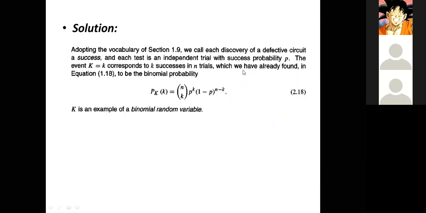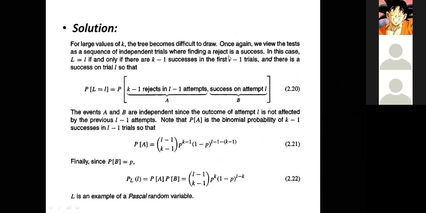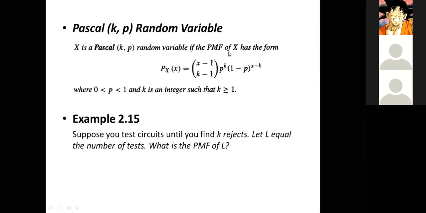Now, look at this. This is the same thing. What I'm telling you: test circuits until you find K rejects. This is the same thing as we have seen in the binomial case.